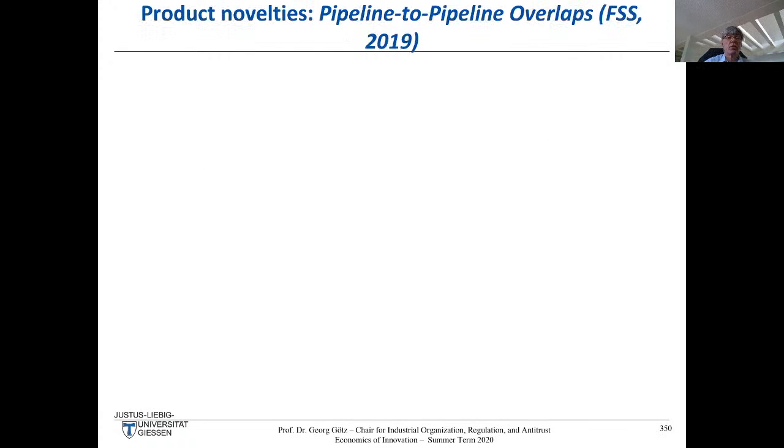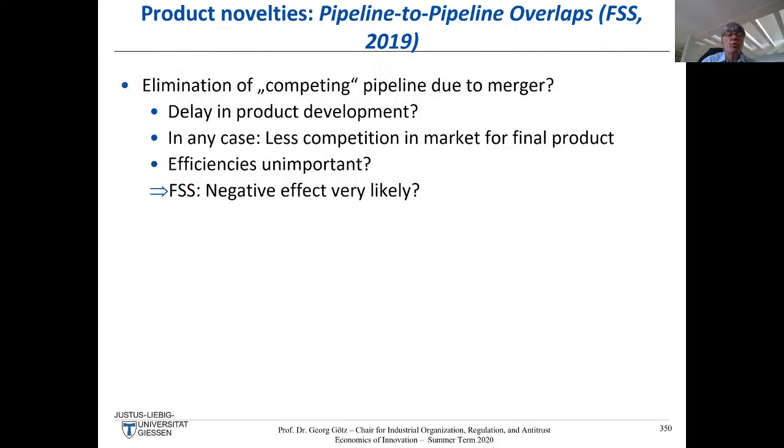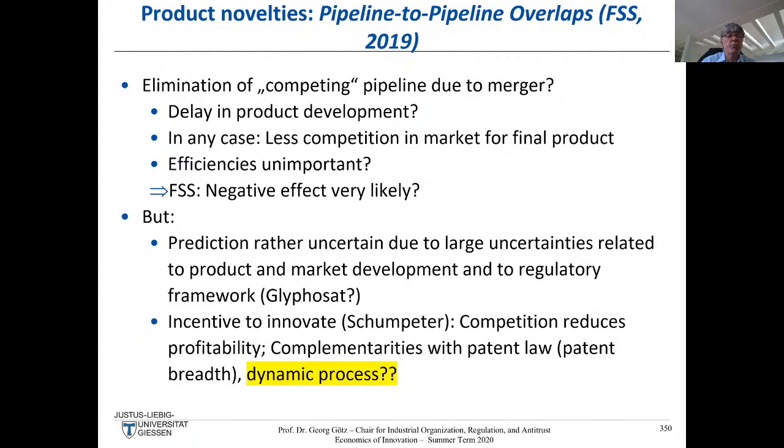Okay, there are several other discussions in this discussion of mergers and of innovation. Important is, for instance, pipeline to pipeline overlaps. Just think in terms of our current corona hunt for a vaccine.